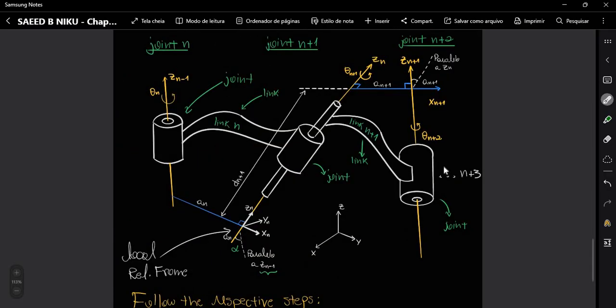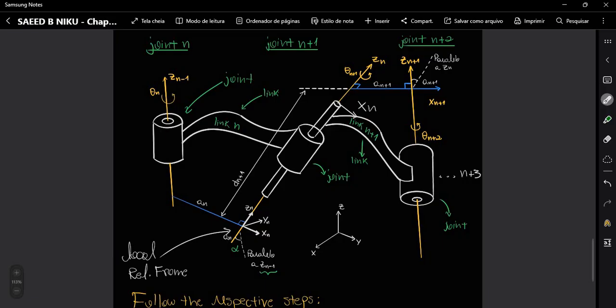As you can notice right here, X n plus 1, Z n plus 1, Zn, Xn. We can point in this direction. This is Xn.